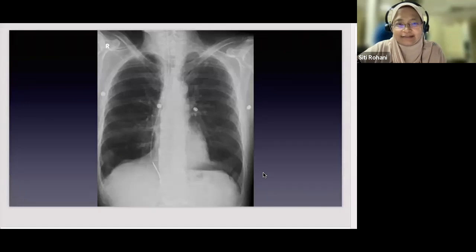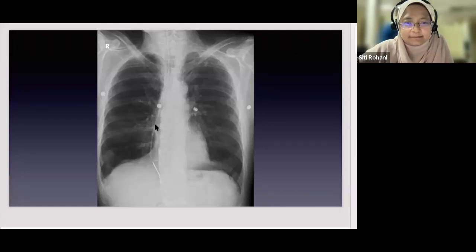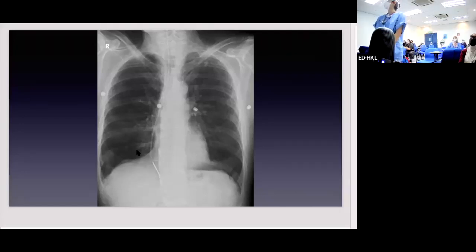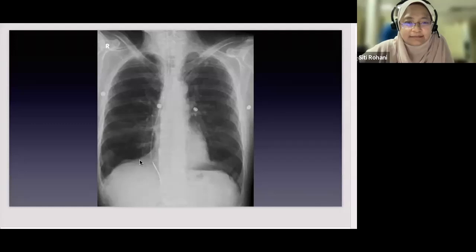Have you checked the lines? Obscuration of the cardiophrenic border. The right cardiophrenic border is obscured. Yeah, this is a cardiophrenic border.